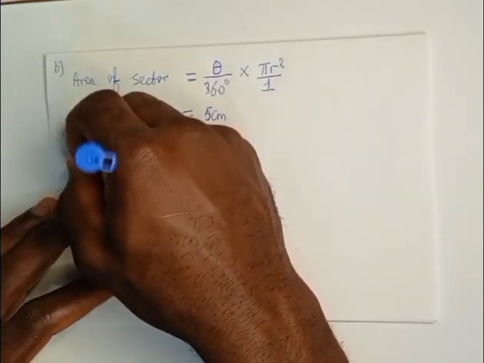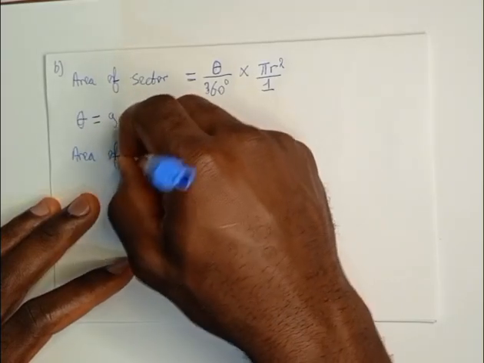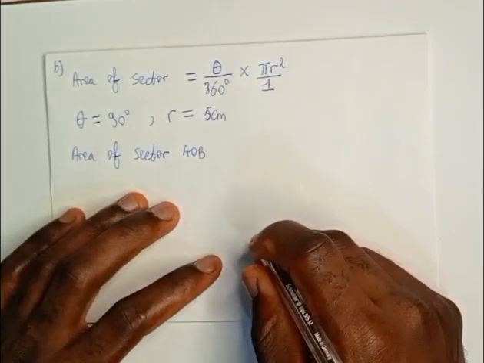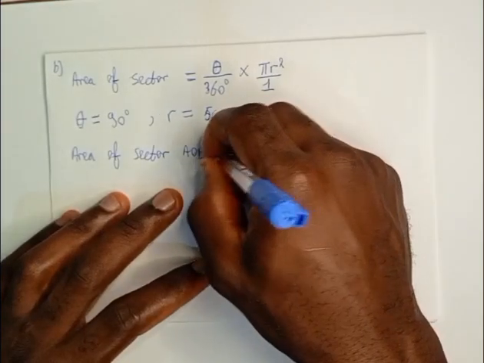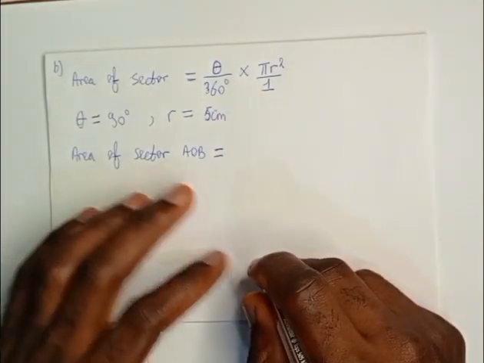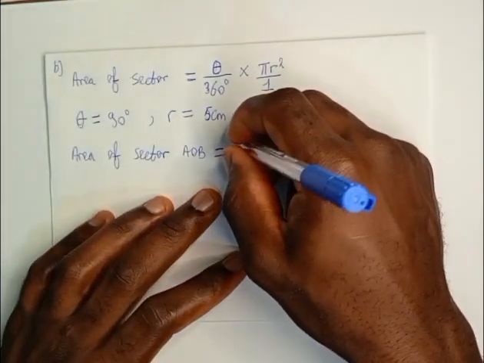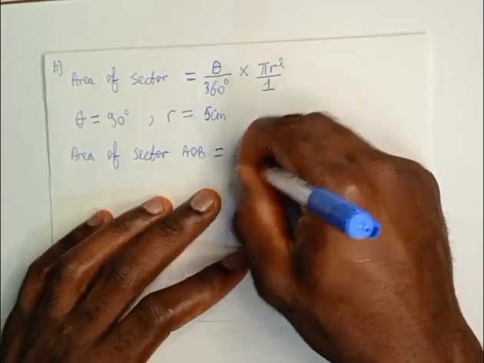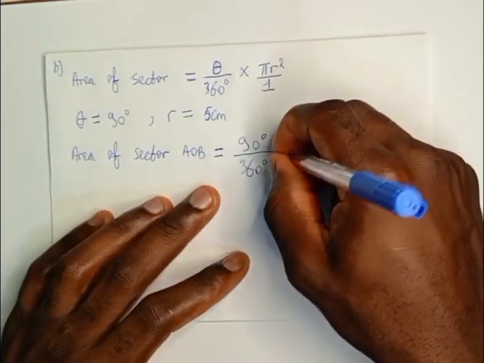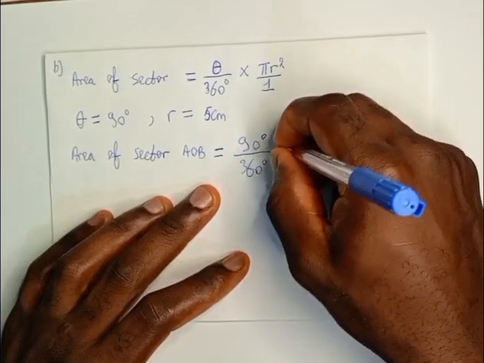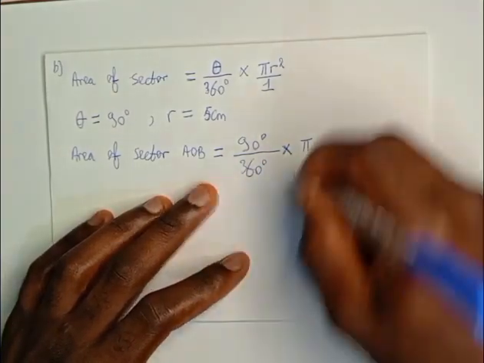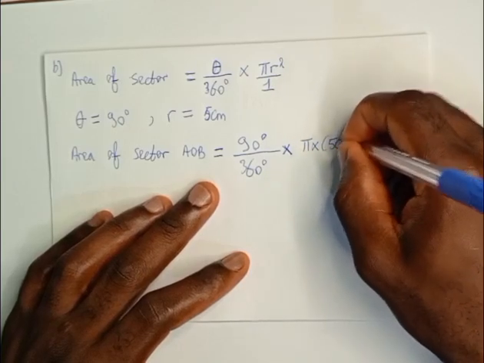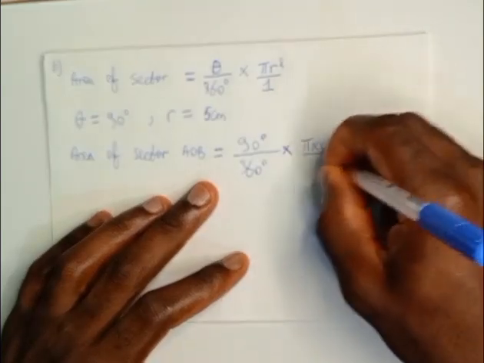This will give us the area of sector AOB, that is the minor sector, to be equal to, we are going to divide 90 degrees by 360 degrees times pi remains pi, times the radius squared, 5 centimeters, all this squared over 1.